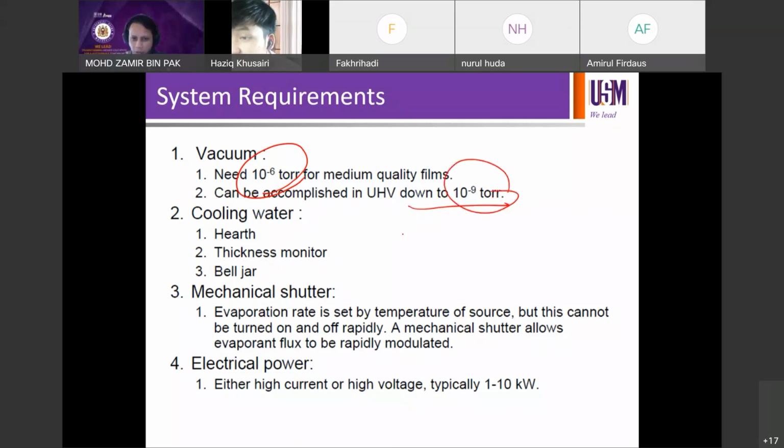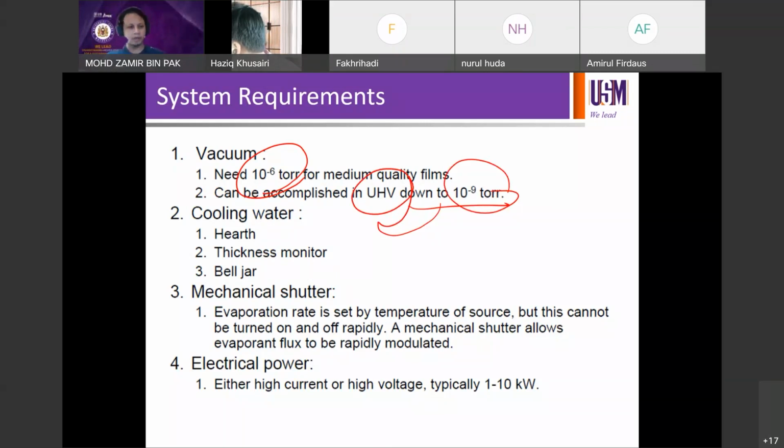So this requires UHV, and that requires longer time, and that will sacrifice your throughput, but that will give you a high purity deposit layer, okay. So it's a juggle between your throughput, your vacuum requirement, film quality, and all the stuff. So it's always a juggle. There's no perfect answer to this.